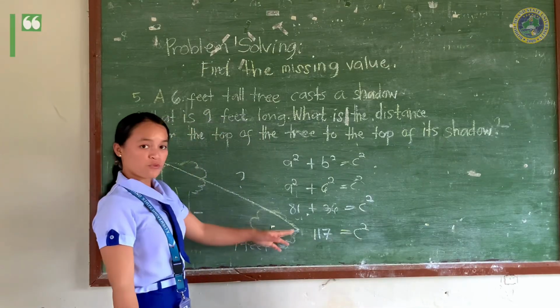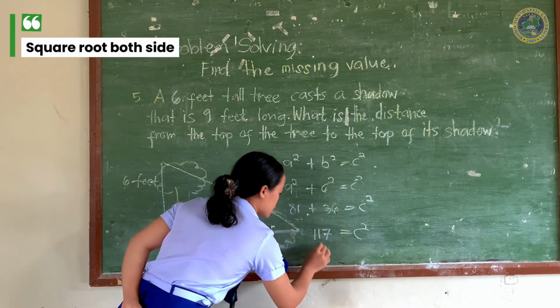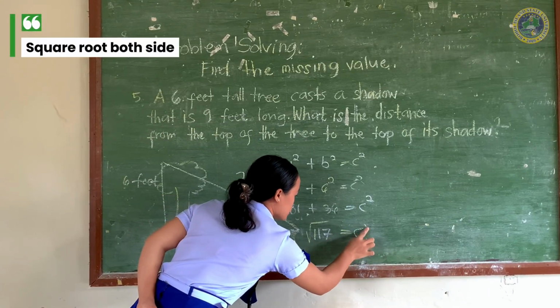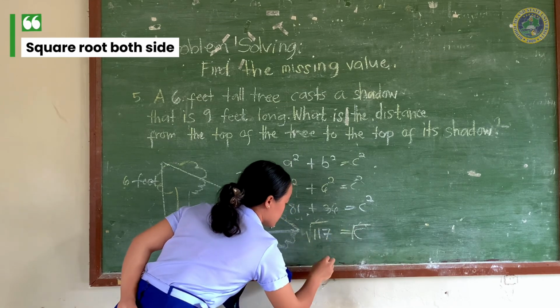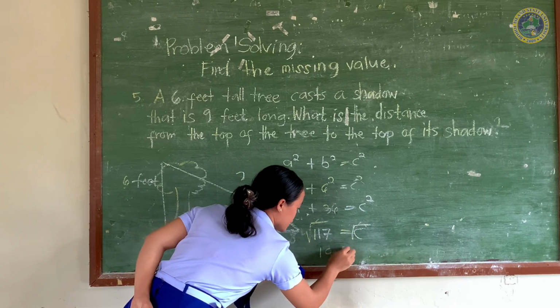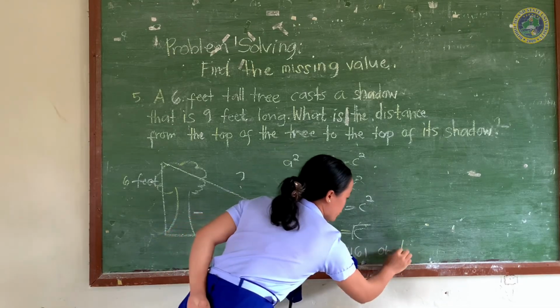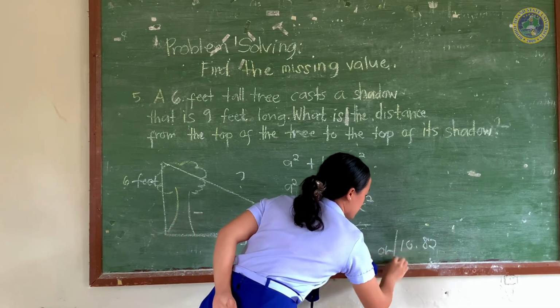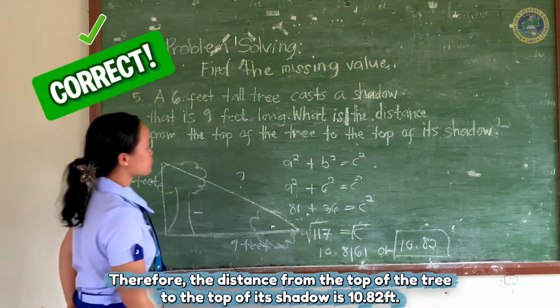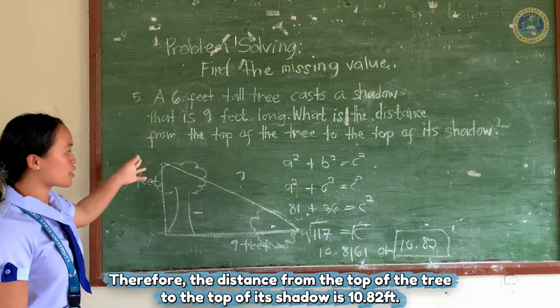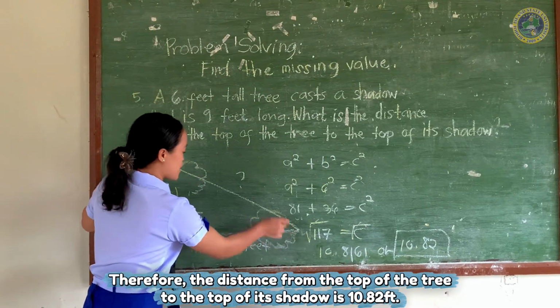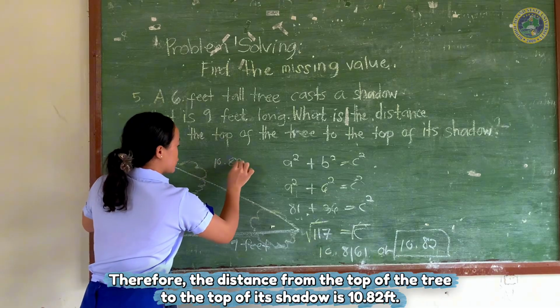So the square root of 117 equals 10.81, or 10.82. So therefore, the distance from the top of the tree to the top of its shadow is 10.82 feet.